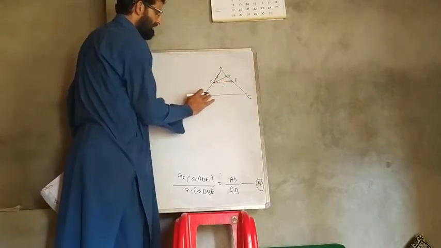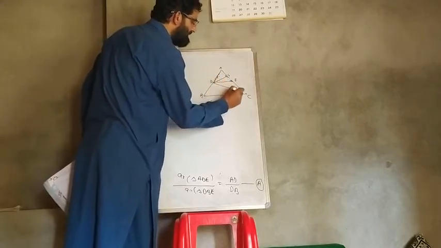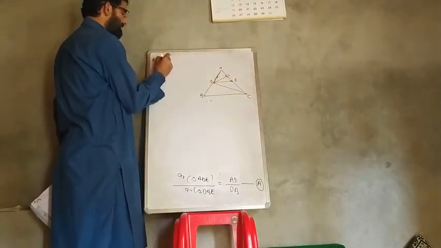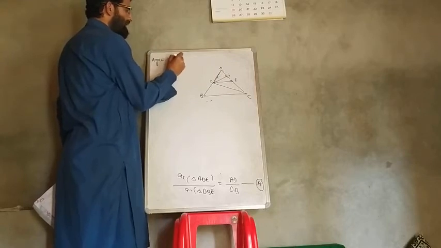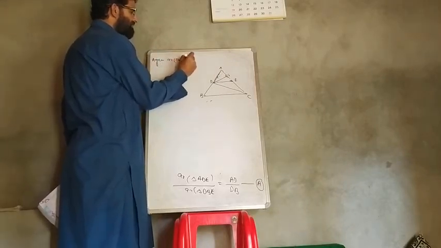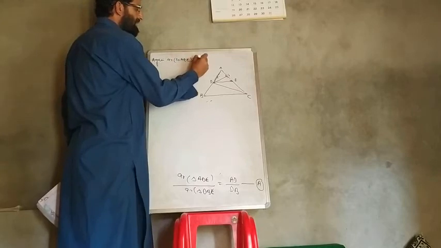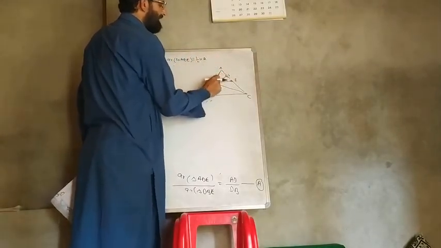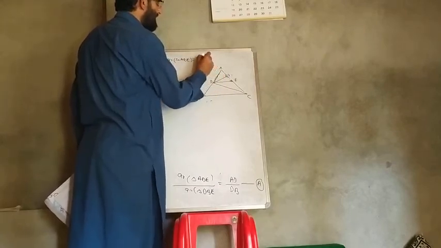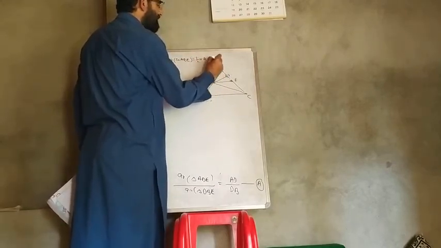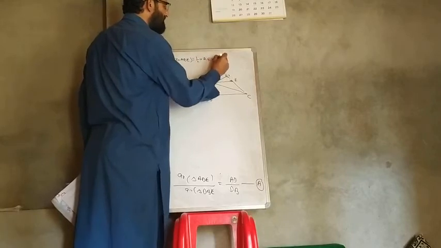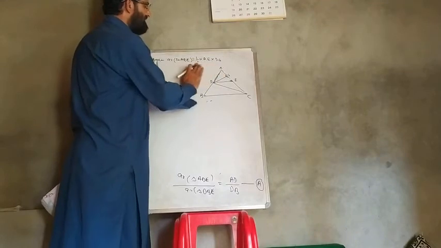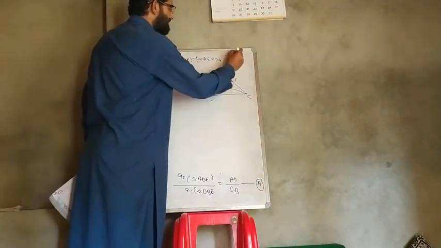And we join this DC. Again, area of triangle ADE is equal to 1 by 2 into base. What is the base this time? It is AE, the same triangle, into this time perpendicular DG. This is equation number 3.